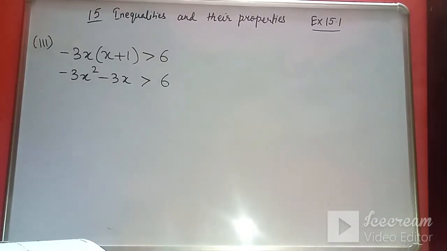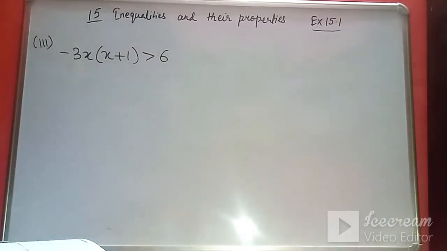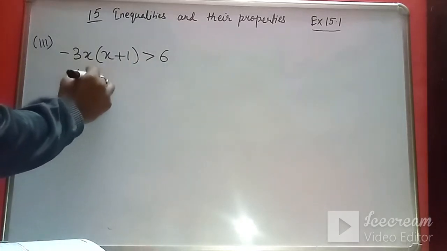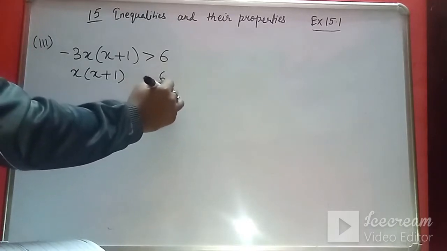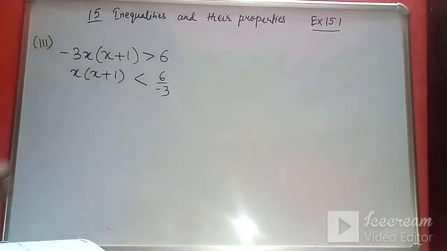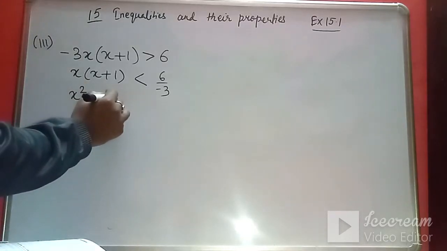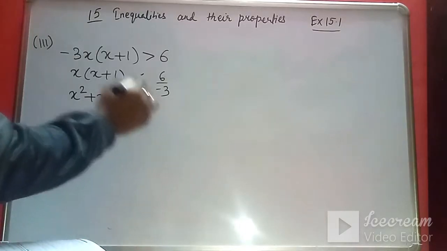Or what more I can do, I will divide by this minus 3 on the right hand side. So what I am doing, I am dividing it by minus 3. Therefore this inequality should change like this. So it will be x square plus x less than minus 2.